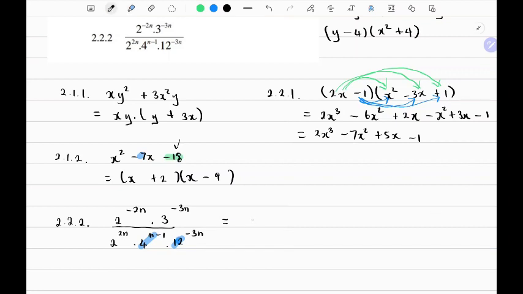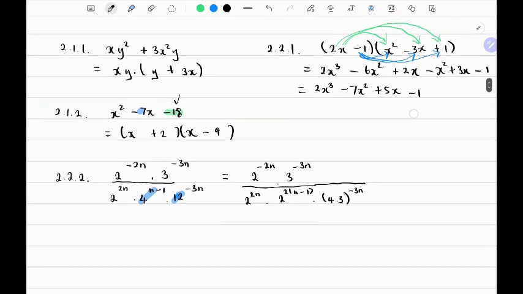The numerator stays as is, it's already simplified, 3 to the power of negative 3n. But in the denominator, 2 to the power of 2n, we can write 4 as 2 to the power of 2 into n minus 1, and then 12 can be written as 4 times 3, raised to the power of negative 3n.